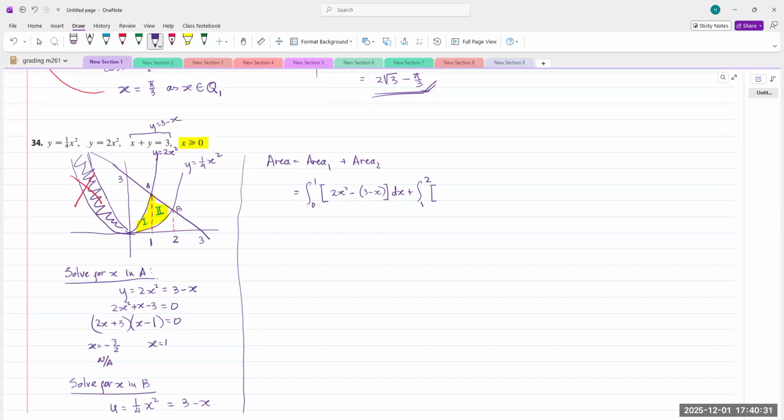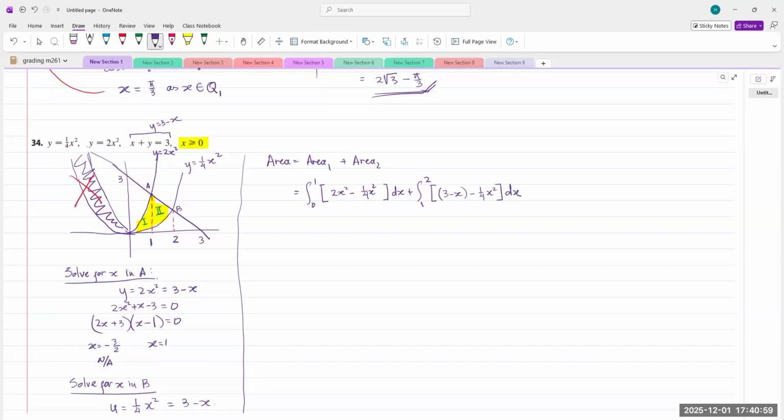The lower bound is not 3 minus x, my bad. In region 2, the upper bound is the line, and the lower bound is 1/4 x squared.